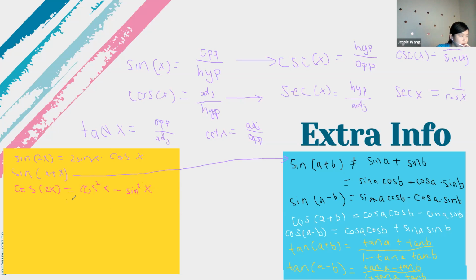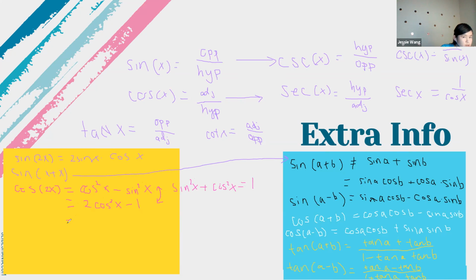Another form that we also see is 2 cosine x squared minus 1. And these two are equal because sine of x squared plus cosine of x squared is equal to 1. So if we want to interchange it, that's why.